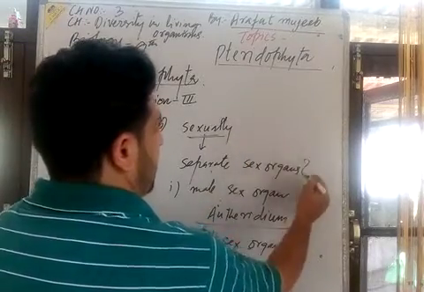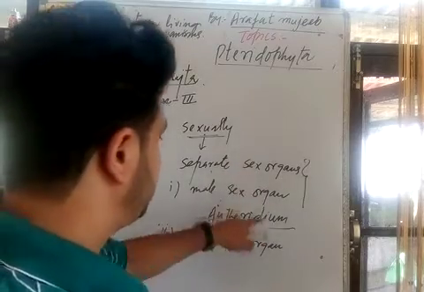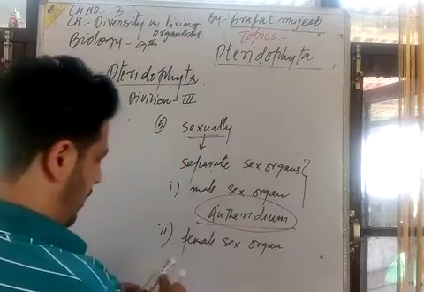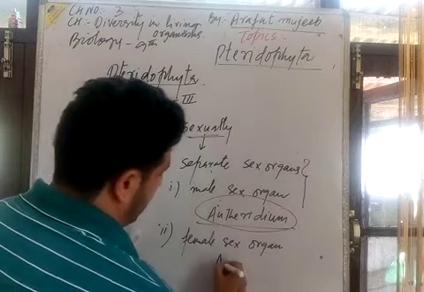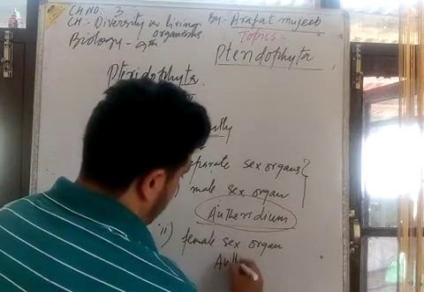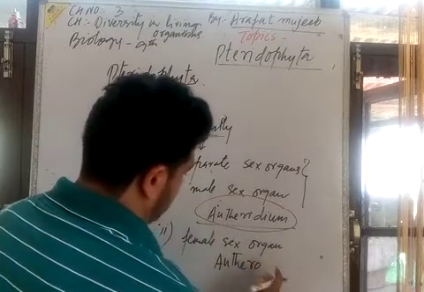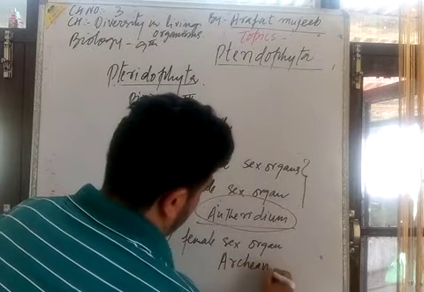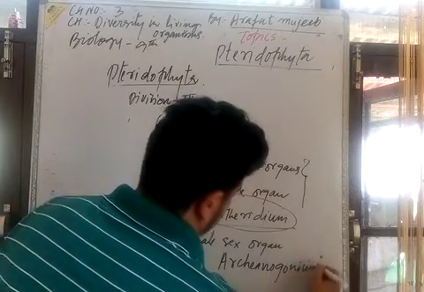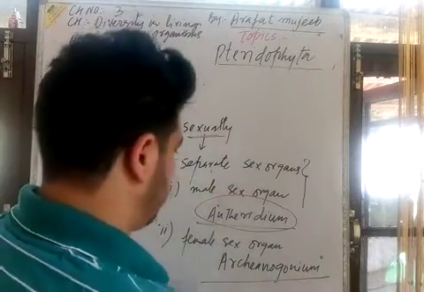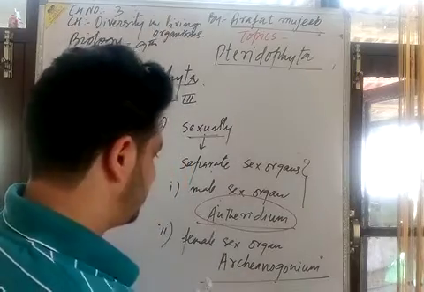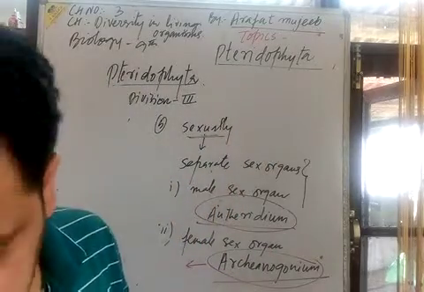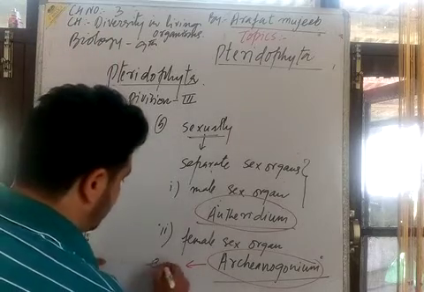Reproduce करने के लिए they have separate sex organs, male sex organ known as the antheridium, and the female sex organ known as the archegonium. Archegonium is the female sex organ, and its function is the formation of the female egg.